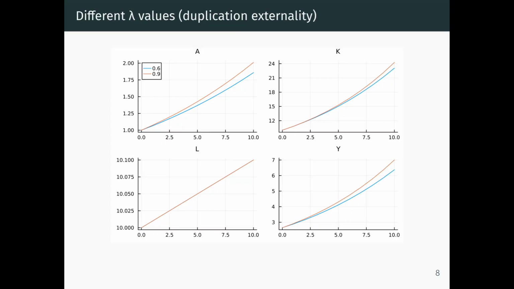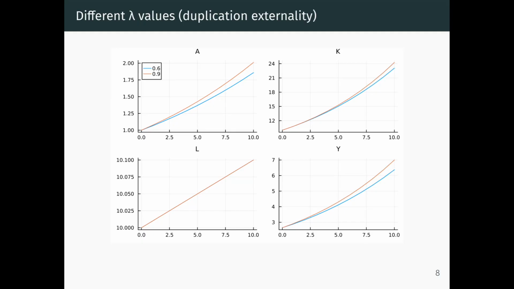So when we simulate the model with different lambda values, we see that a higher value with lower duplication has actually the same effect as a higher phi value. So we see that the stock of existing technology builds up faster. There's a higher stock of capital and a higher stock of technology.